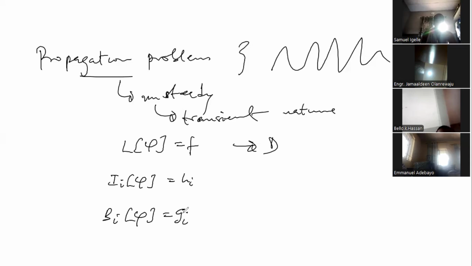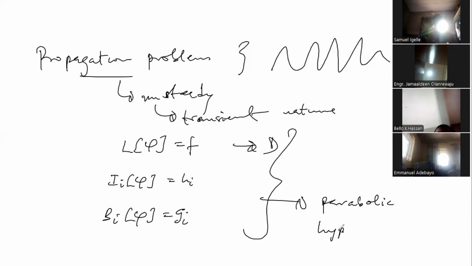So, just like I mentioned earlier, these propagation problems are also known as the initial boundary value problems. And the governing equations for these are usually called the parabolic, or better still, the hyperbolic type.